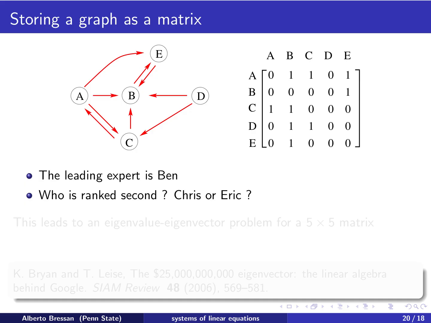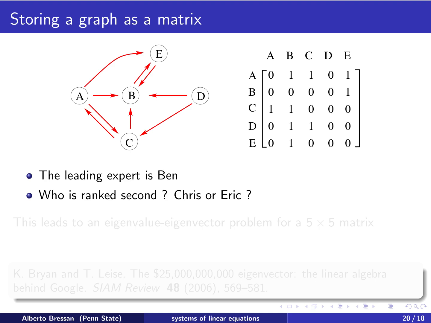So how do we utilize this to find out who is the leading expert? Probably you can already see from this diagram that Ben is the expert because all the others are linking to Ben. And then how do you rank the second, third, or fourth?